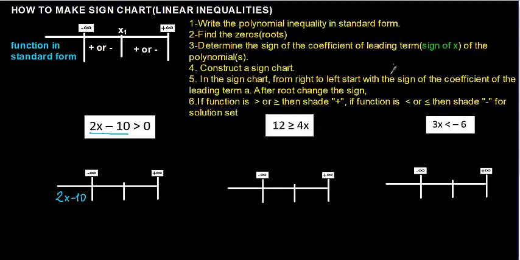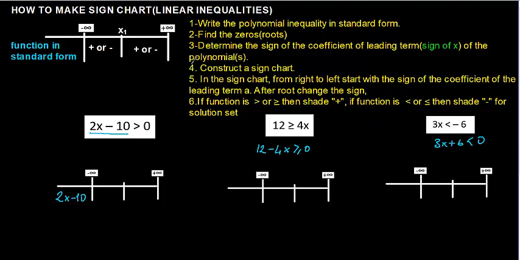So this one is not in standard form, so I'm going to collect all the terms on one side. So 12 minus 4x greater or equal to 0 is in standard form. Or 3x plus 6 less than 0 is in standard form.